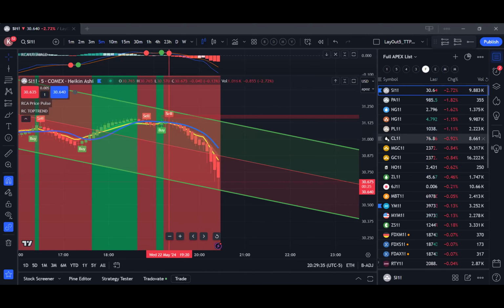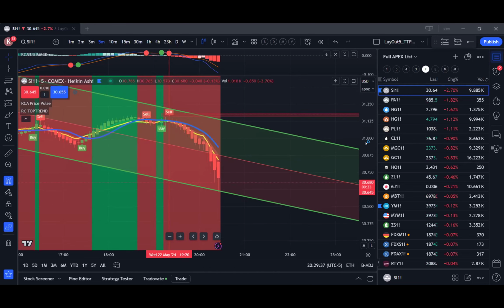I hope everyone got it. The simple logic, remember, most of you might have watched Triple R. Whenever you have a red at the top, your background is red, your candle is red, and with a sell signal, that will make nice profits.